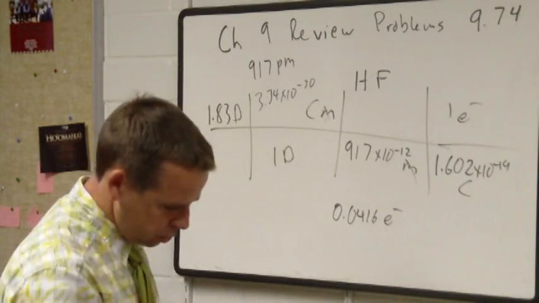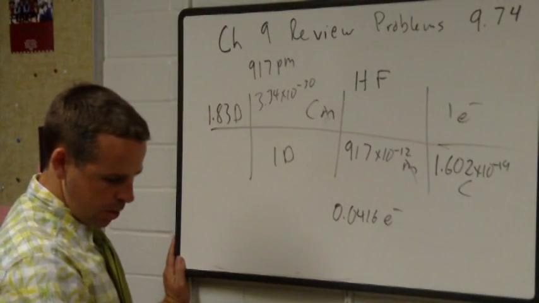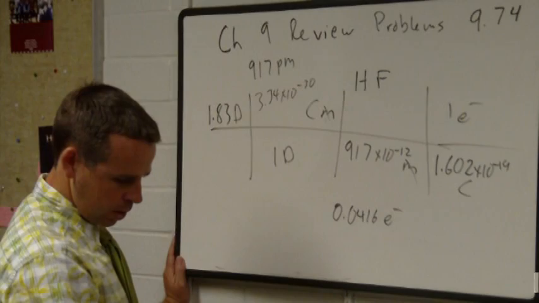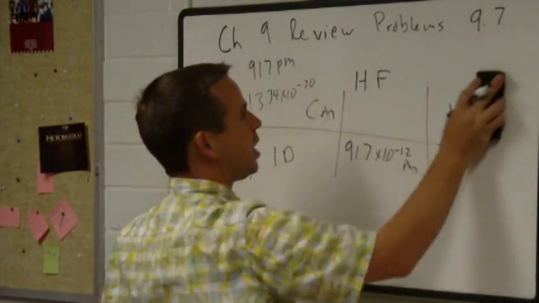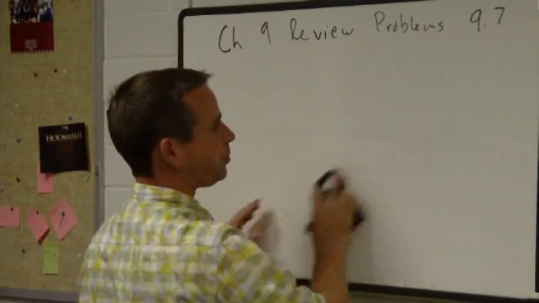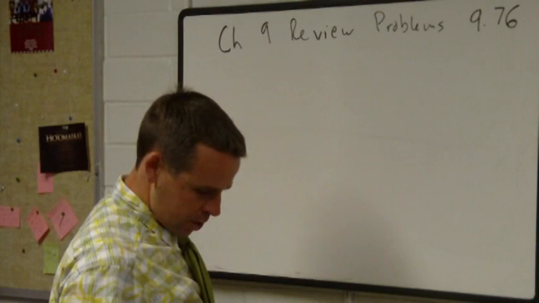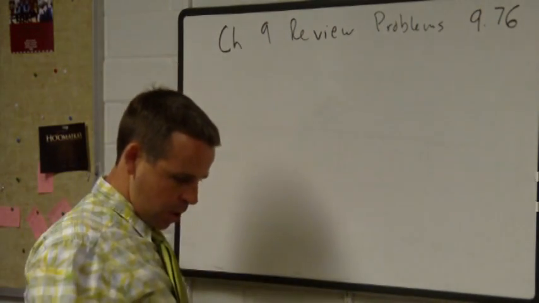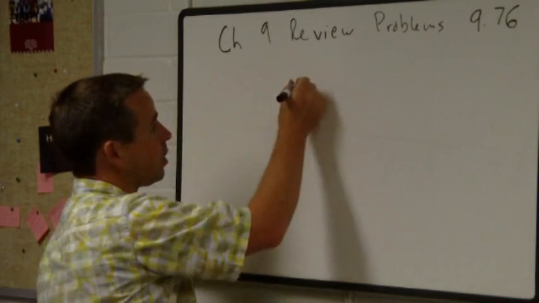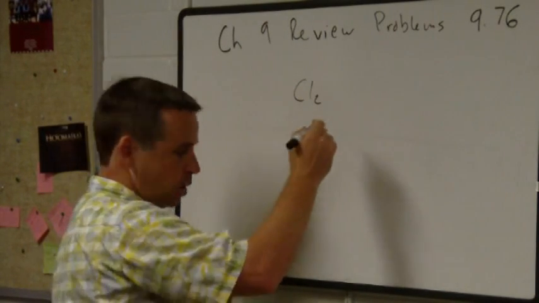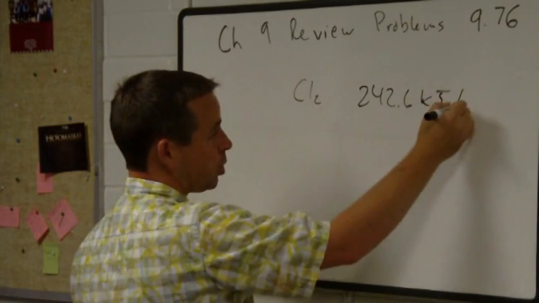976. How much energy in joules is required to break the bond in one chlorine molecule? The bond energy of chlorine gas, Cl2, is 242.6 kilojoules per mole.